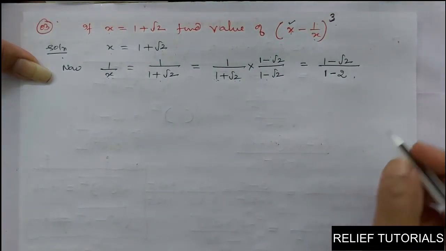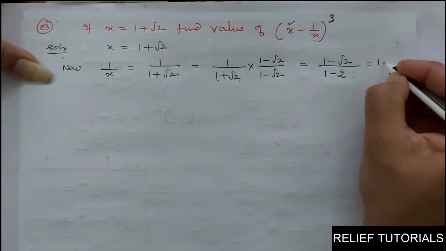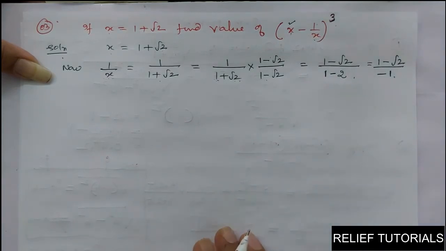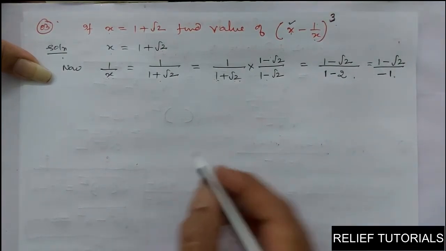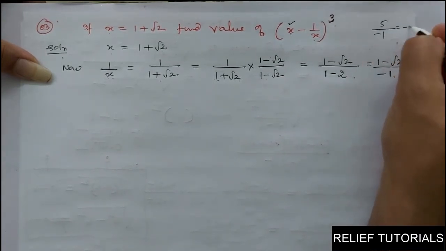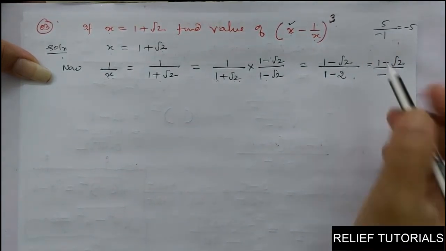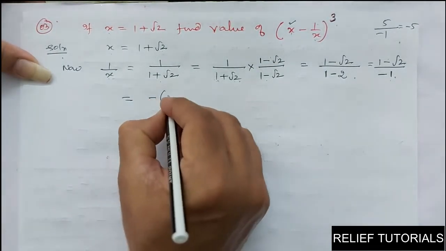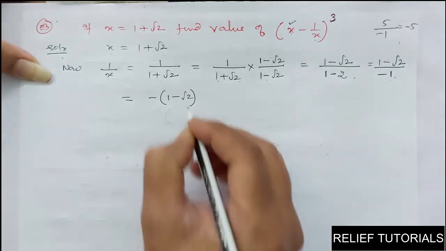Clear? So what you will get here? That is equal to 1 minus root 2 upon minus 1. So that will be equal to what? Minus 1 upon minus 1 is equal to what? So you will get minus 1 minus root 2.